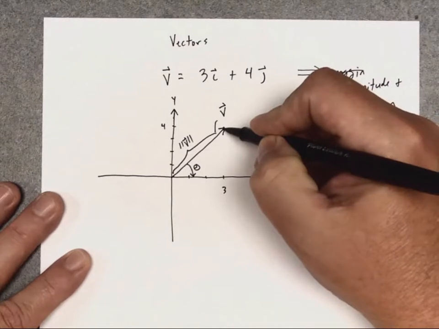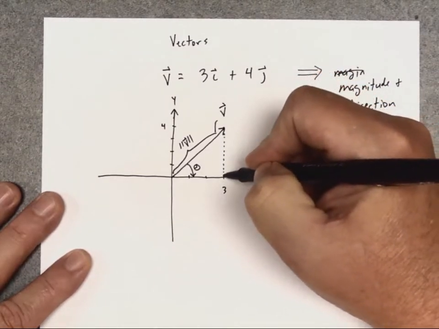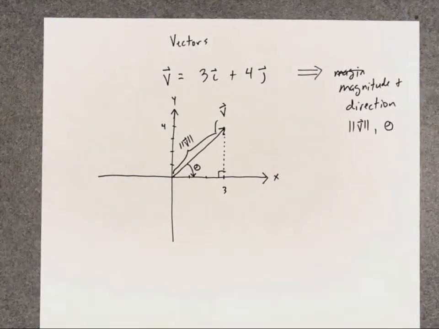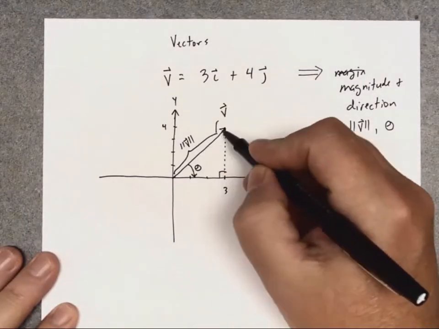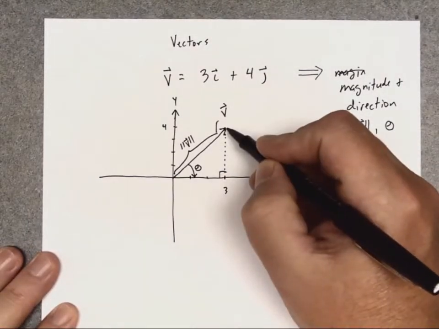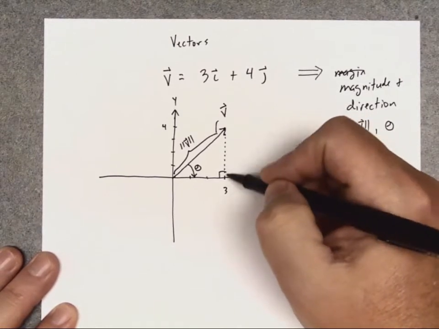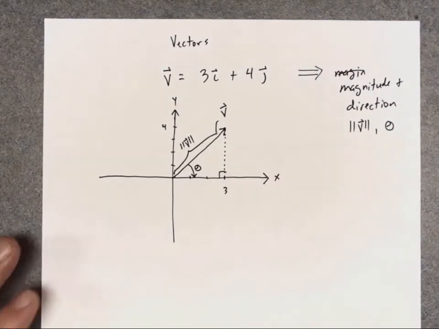And we can do that pretty easily by just thinking back to some of our basic trig functions. What I'm going to do is I'm going to sort of draw a dashed line here to indicate I've sort of created a right triangle. Obviously, my vector here is like the hypotenuse of my triangle, and this dashed line is one of the legs, and then along the bottom, the x-axis is the other leg.